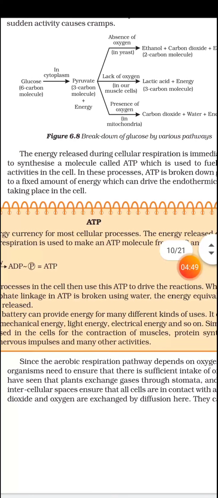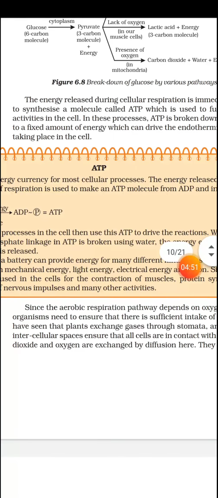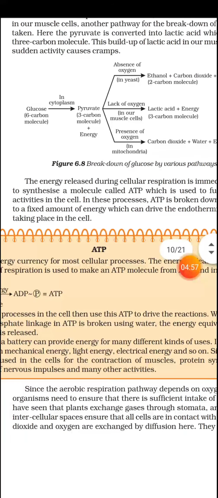This is one of the major important processes that takes place inside the cell. You might have studied that mitochondria is known as the powerhouse of the cell, which generates energy. This generation of energy takes place like this.